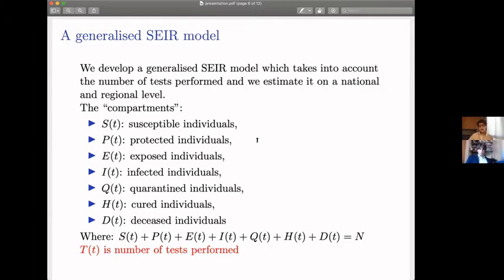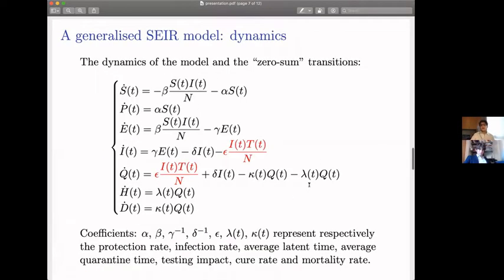And then we have the cured individuals and the deceased individuals. Of course, the sum of the number of people within each compartment is constant over time, and it adds up to the total population within the country, in our case, Italy. We also take into account T, big T, indexed over time, which is the number of tests performed, and t small. Okay, so these are the dynamics of the model.